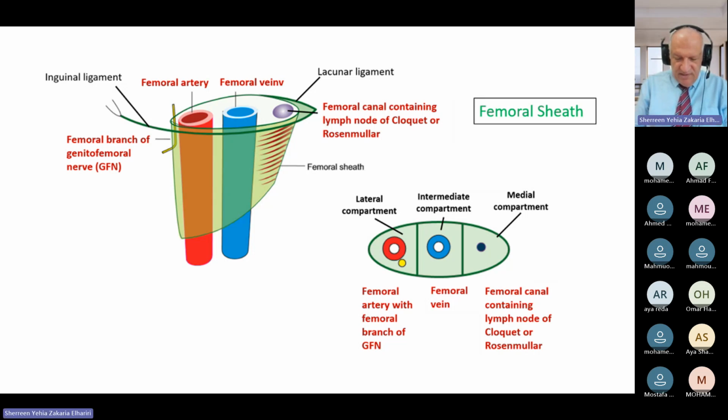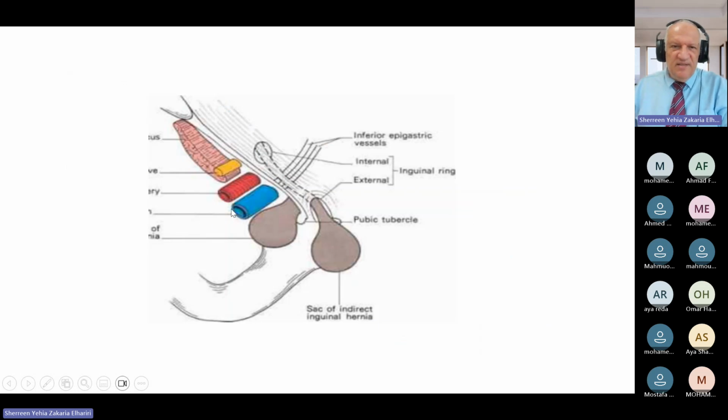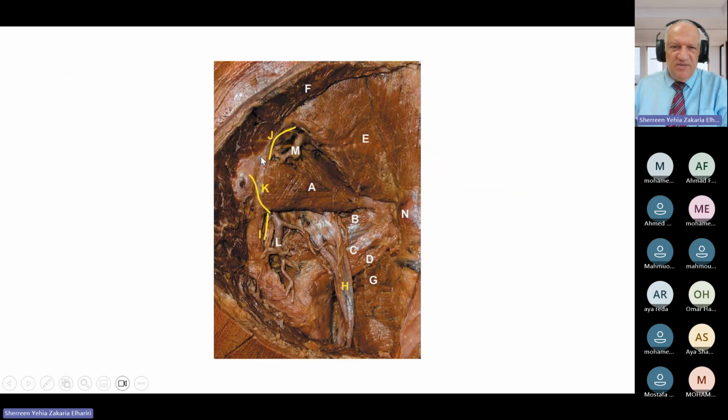Femoral vein. So what is the function of the femoral canal? Content of lymphatics, and it's a cave occupying big space for expansion of the femoral vein. Okay, so usually the canal is just for expansion of the vein. Okay, so it's easy. This is the canal again. It's important to know the anatomy of the canal.